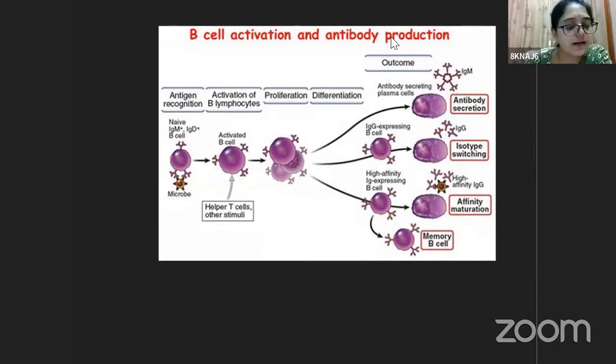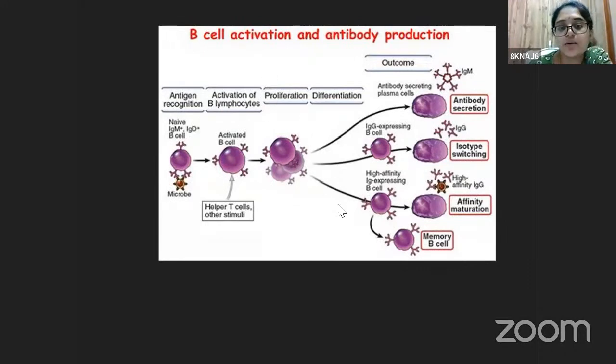Now in T independent, that is T helper cell independent activation, antigens are called thymus independent antigens, and they activate the B cells, but there is no direct participation of the T helper cells. The thymus independent antigens are largely polymeric, with multiple repeating antigenic determinants.